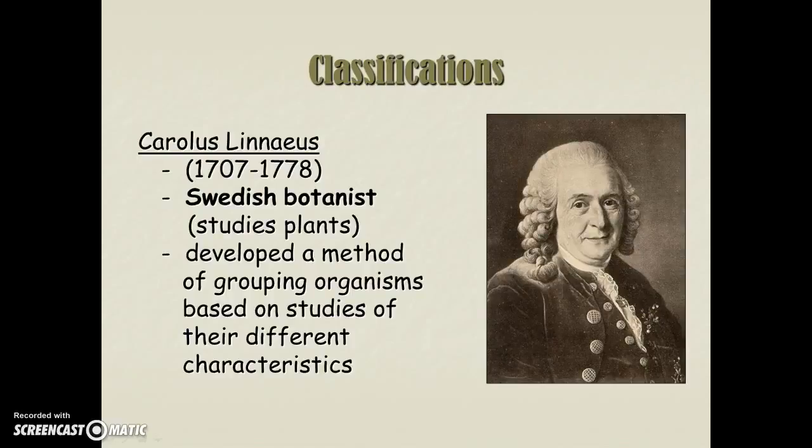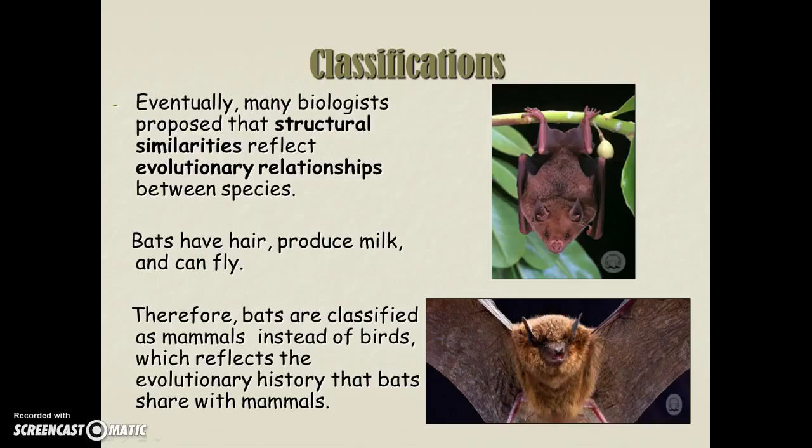He came up with an idea of how to group them based on their characteristics to make it easier to classify them. Once it was developed by Linnaeus, this classification process was later expanded to include animals as well. So it first started because of the difficulties with classifying plants, and then later it was expanded to include animals.